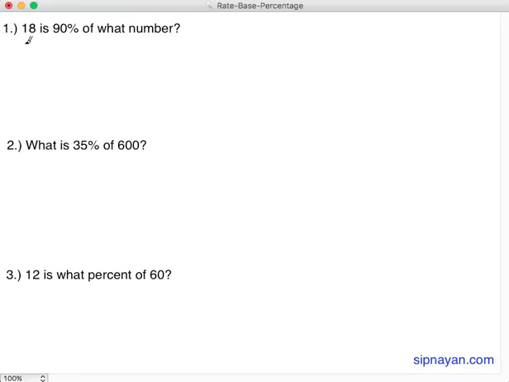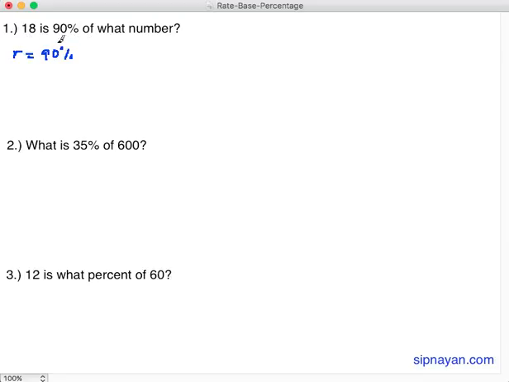So, for example, here, 18 is 90% of what number? Yung rate natin dito, obvious na 90%. Pag may nakita kayong may percent, yun yung rate niya. Pero yung 18, ano ba yan?